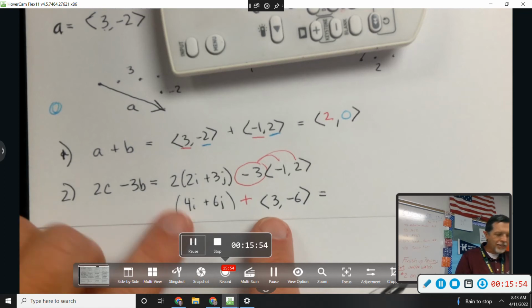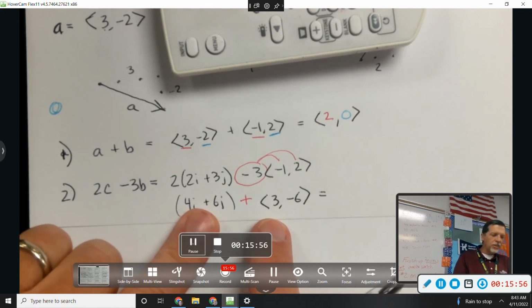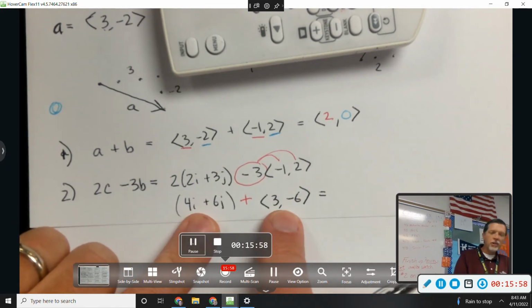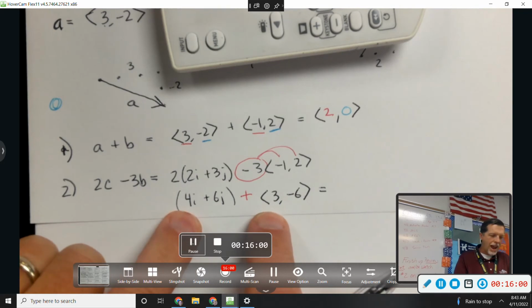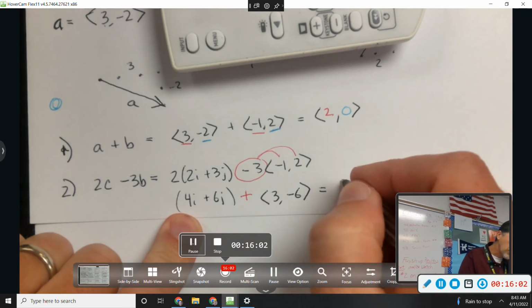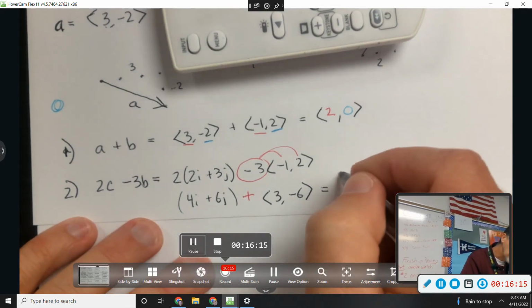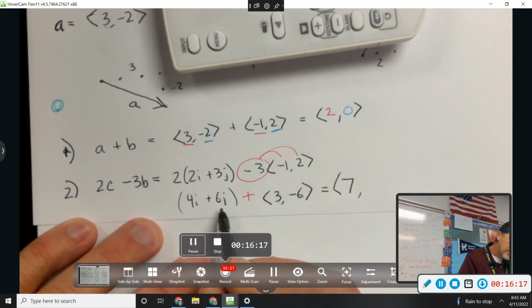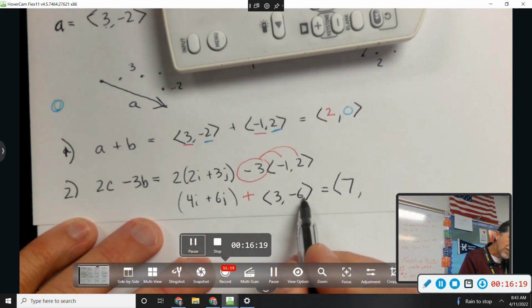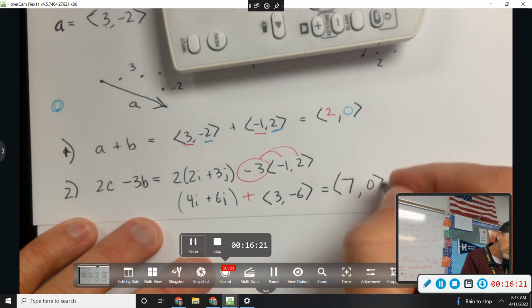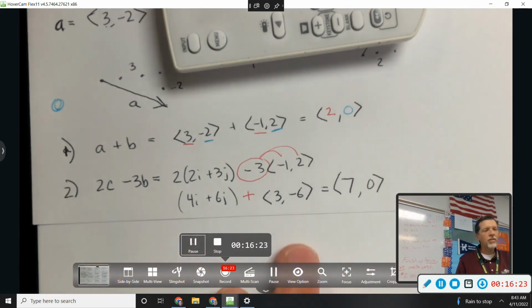Now it's a little bit weird because we're adding an ij notation with an ordered pair notation, but it's the same idea. Add the x's. 4 plus 3 is 7. And I guess I have to make a decision here. Do you want ij or do you want ordered pairs? Ordered pairs it is. It doesn't matter. We'll go ordered pairs. 6 minus 6 is 0. So I put a 0 there. So there's my answer as an ordered pair.